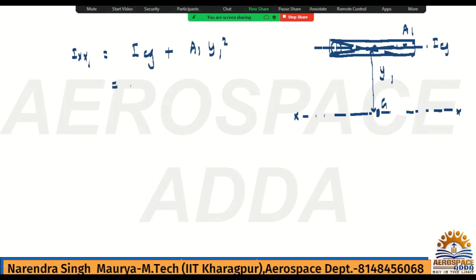So what is the ICG? For the rectangle I had given the formula. If this is D and this is B, I had given BD cube by 12 plus A1, the area, which is D into B, into Y1, the CG location. Check what width they have given to us.